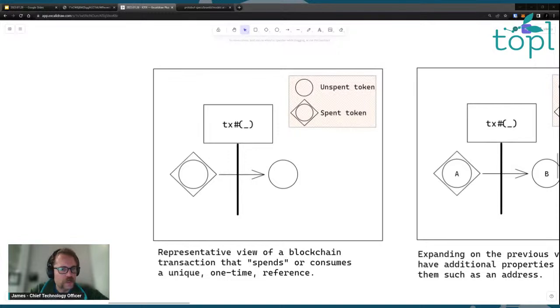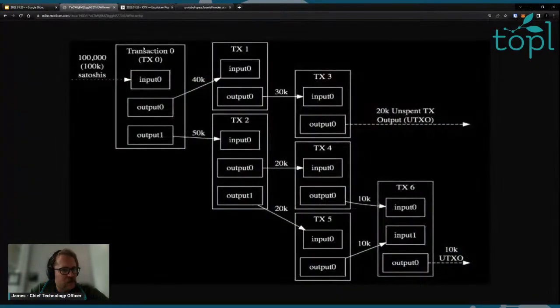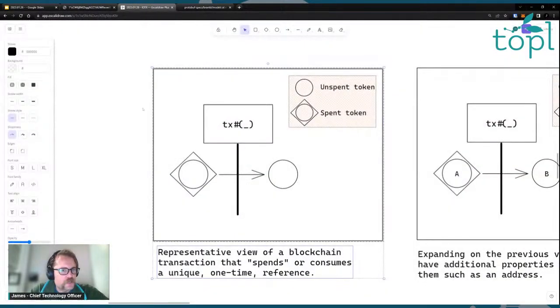All right, so we're going to go down to one of those transactions we saw before, right? This is like transaction 0, where it has some inputs and outputs. That's what I'm trying to show here. And I'm going to call the input an unspent token, and it's this thing over here. So the unspents are on the right.